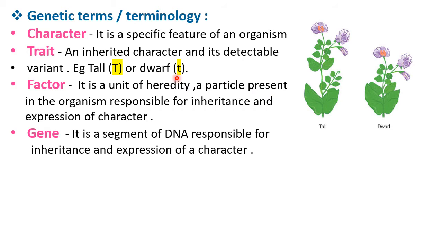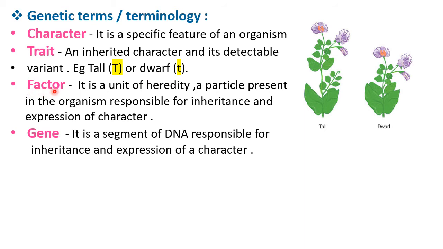That means the genes or factors are represented by small t. So we see two different traits in pea plant in the diagram. One is tall pea plant and another is dwarf pea plant. So height is a character and it shows two traits or two variants, tall pea plant and dwarf pea plant.